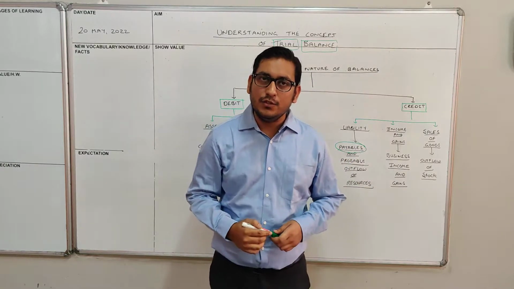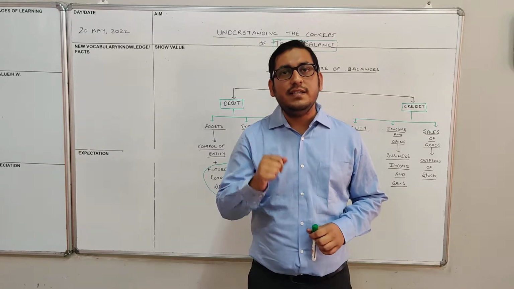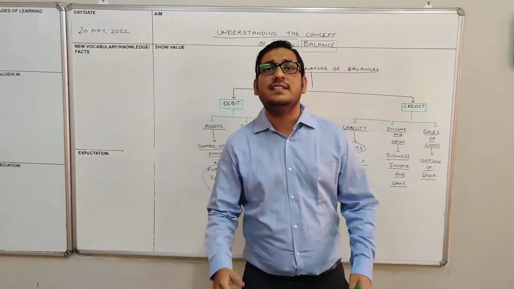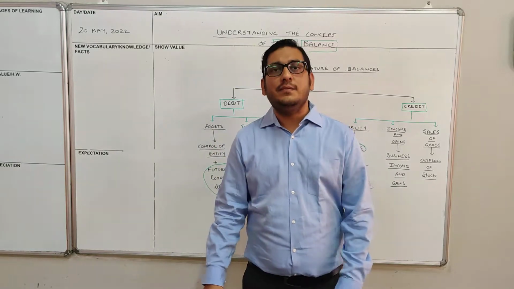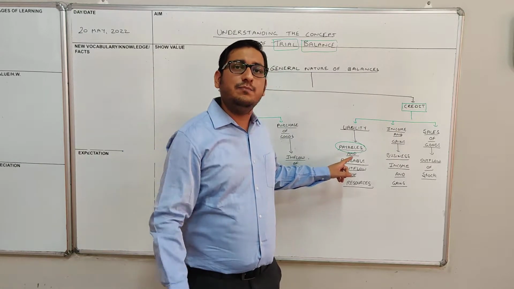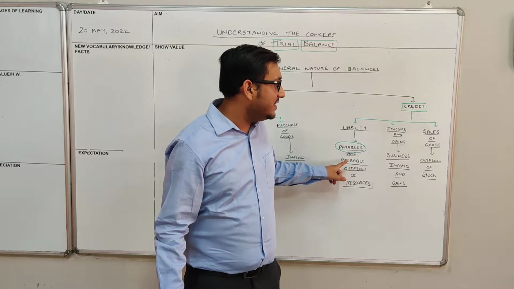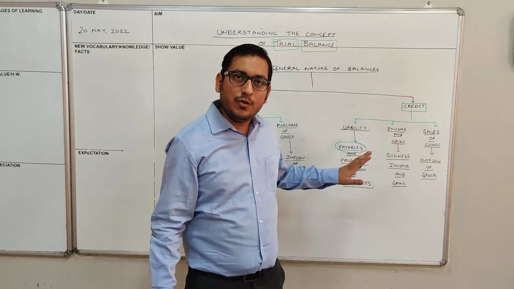Do you get this point? Again, understand, if a personal account has a debit balance, it is an asset because it is a trade receivable. If personal account has a credit balance, that means it is a liability because we need to pay in future. It is a payable, and there is a probable outflow of resources. Resources means money. Do you get my point?